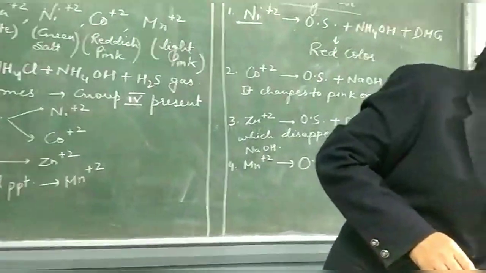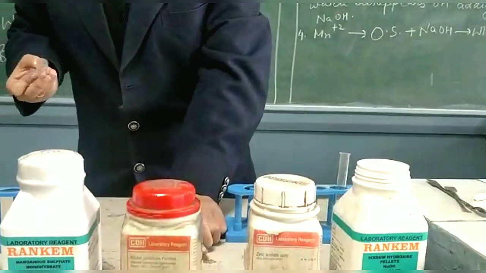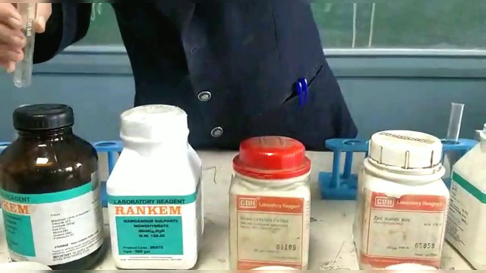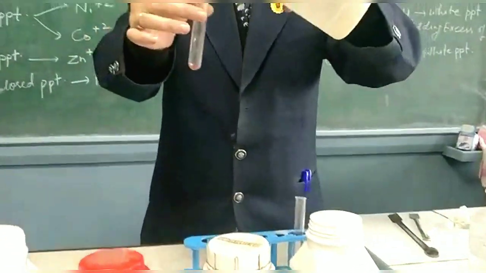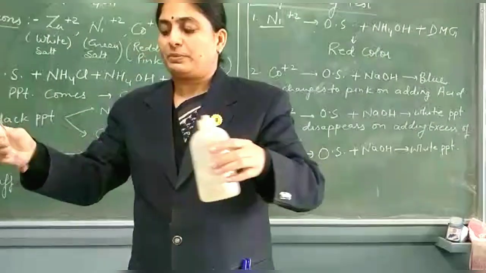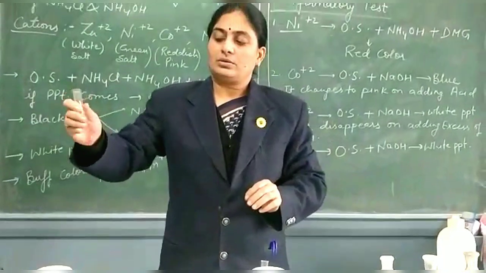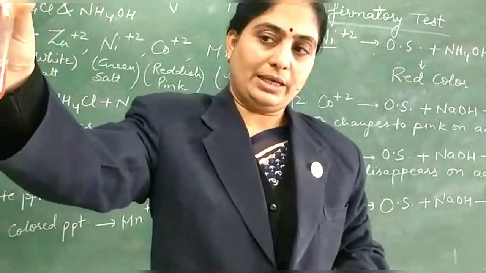So I'm taking a test tube and we'll do the test for cobalt ion first. I have taken a little amount of cobalt salt and made a clear solution, the original solution, which should be clear and transparent. Just mixing it, I get a clear and transparent solution, you can see it.